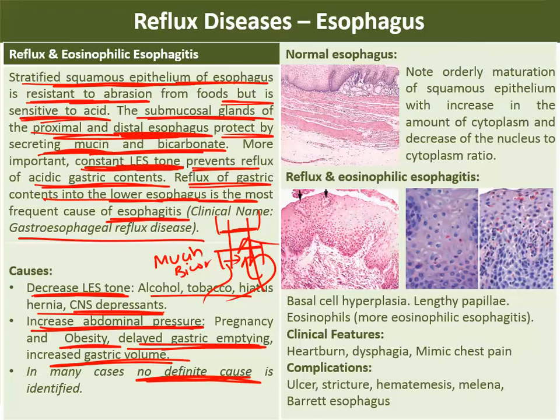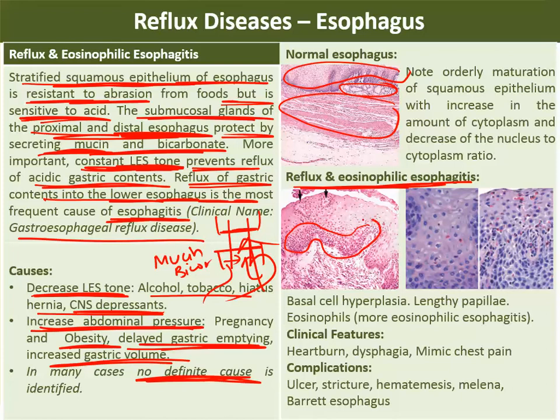Now coming to the normal esophagus. This is the normal squamous epithelium. You are seeing some glands and you are seeing the muscle coat. Now in reflux and eosinophilic esophagitis, you will be seeing the basal cells increased. The first feature is basal cell hyperplasia, and you will be seeing one or two eosinophils.